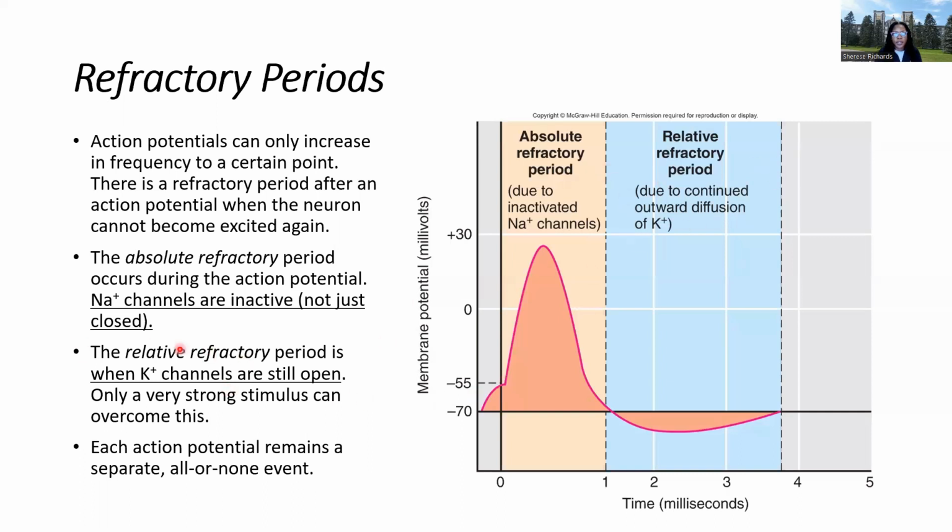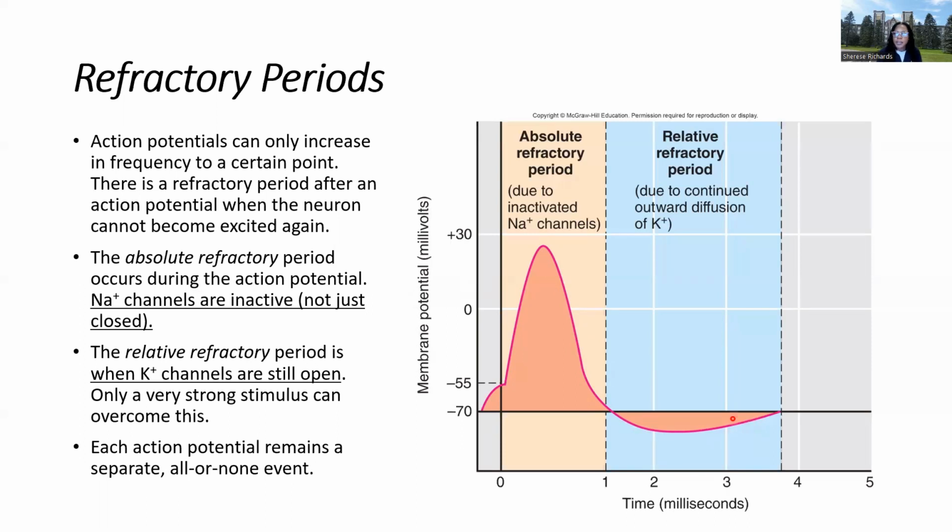The relative refractory period is going to be after the period of repolarization. So after we get back down to -70 and we go slightly more negative than the resting membrane potential, here we still have a lot of potassium channels that are still open.